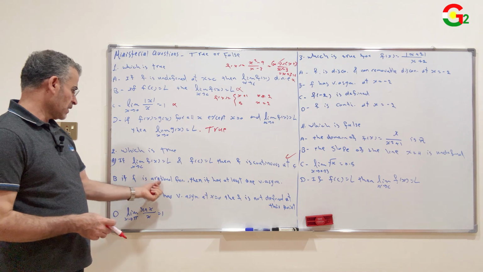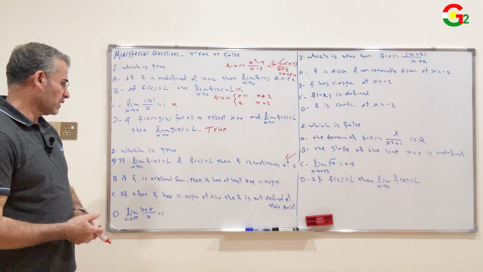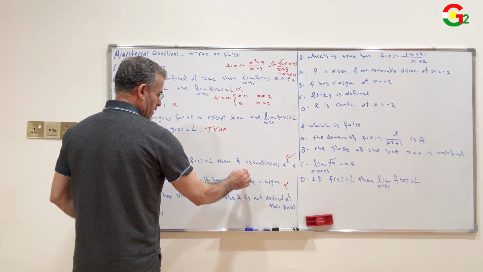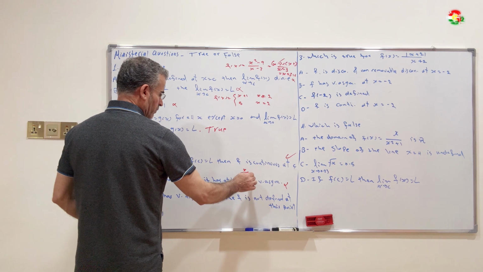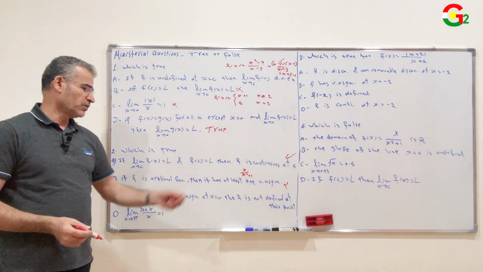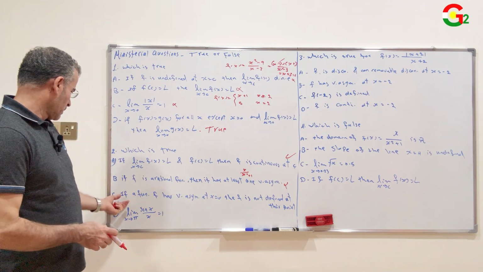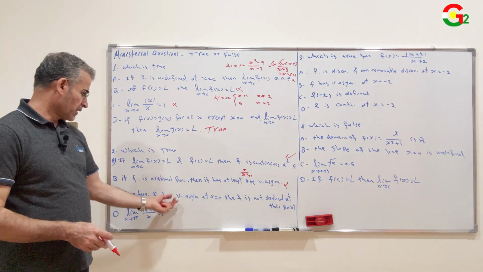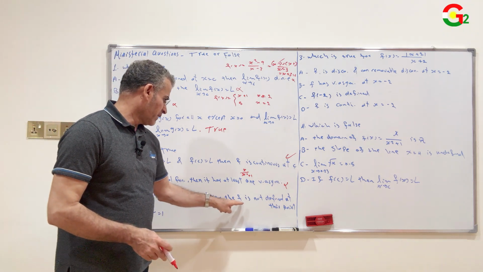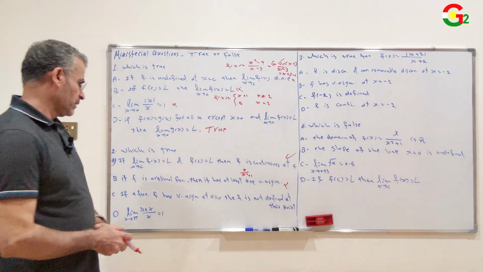If f is a rational function, then it has at least one vertical asymptote. Wrong, since x over x power 2 plus 1 is a rational function and has no vertical asymptote because its domain is R. If function f has a vertical asymptote at x equals 0, then f is not defined at this point.